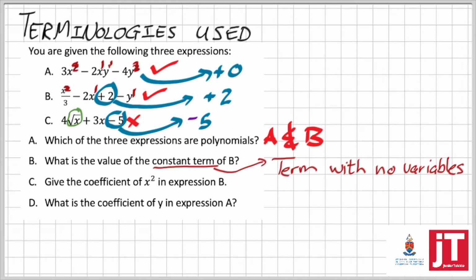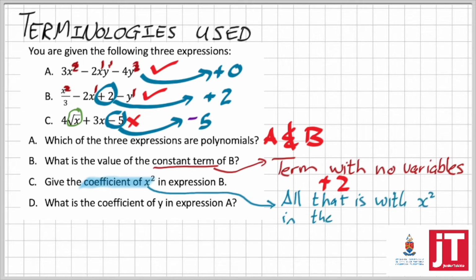Now the next one is where life becomes a little bit interesting. Give the coefficient of x squared in the expression B. So the coefficient is everything that is with the x squared in the term. So if I look at the expression B, let me just clean it up a little bit.